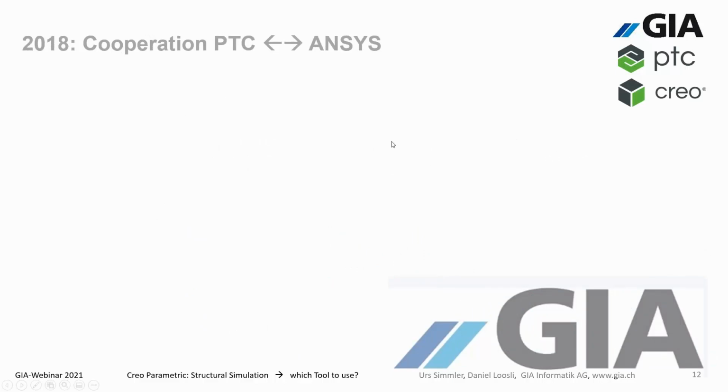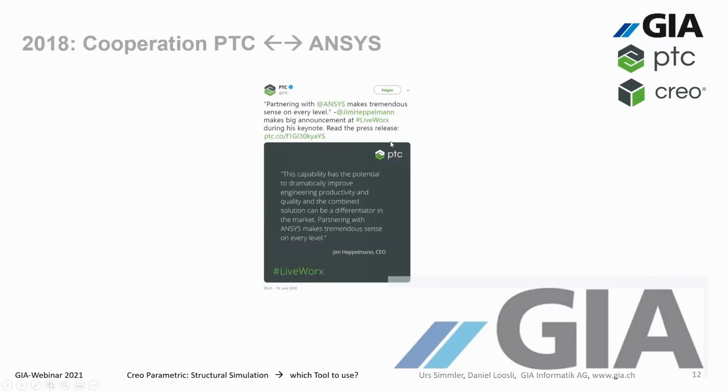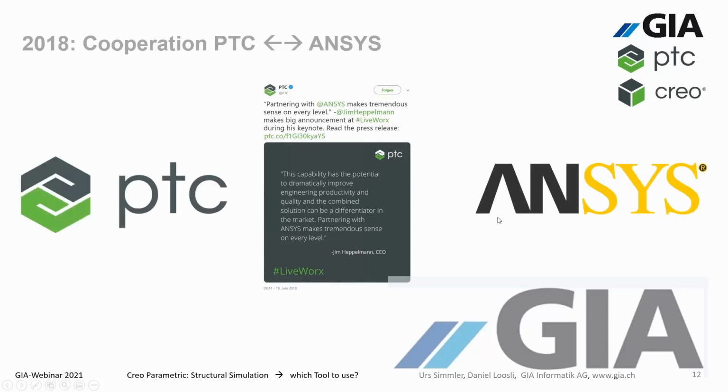Around 2.5 years ago, in summer 2018, the CEOs of PTC and Ansys met during a golf session, and they decided they want to work together, so they announced a partnership between PTC and Ansys, and their target is that they want to democratize the simulation in product design.